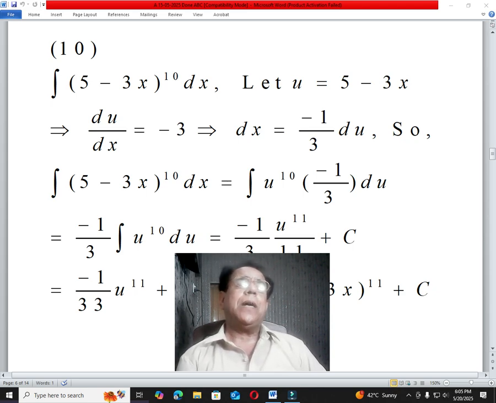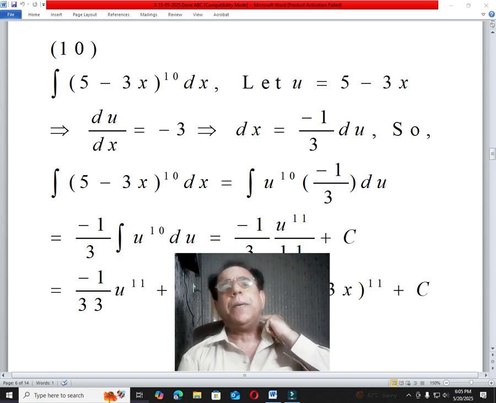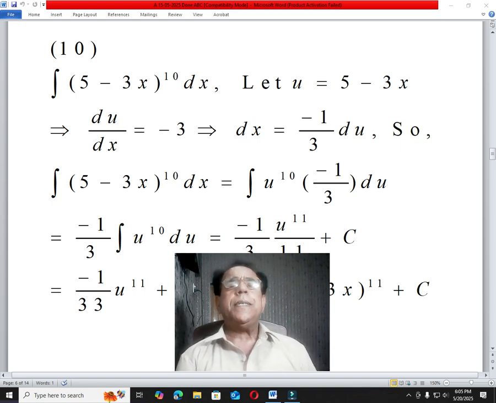And this implies that dx will be equal to minus 1 by 3 du, because in the statement dx simply exists. So in place of dx we will write minus 1 by 3 du, and in place of (5 minus 3x) raised to power 10 we will write u raised to power 10.